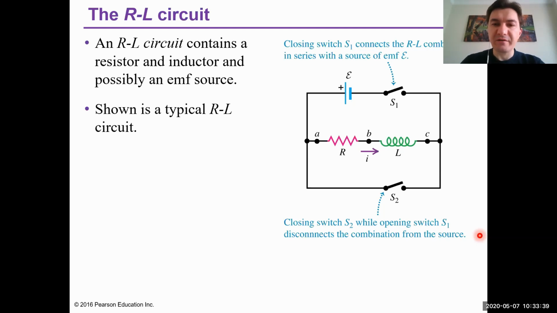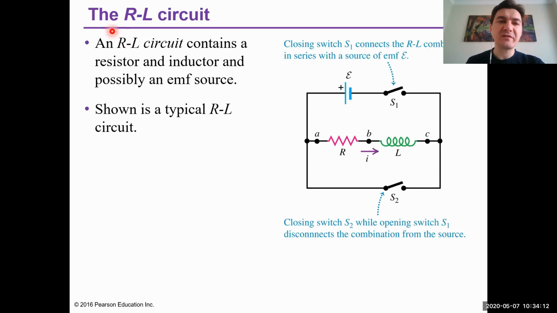And if there is a changing, time-varying current within the circuit, then there is a self-induced EMF within the inductor in the circuit. So we have discussed all these things. We have discussed the energy stored in an inductor. So today we will continue with different combinations of circuits which contain an inductor.